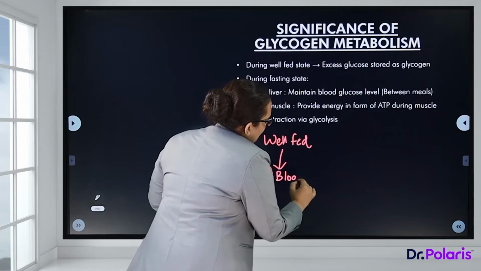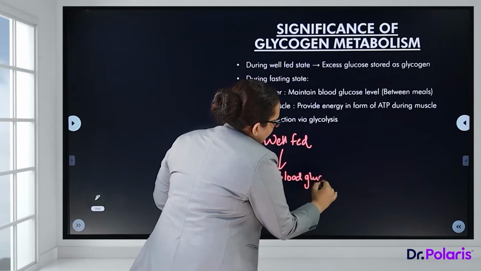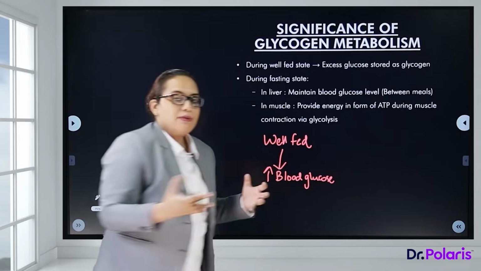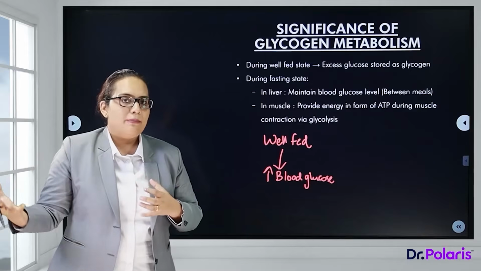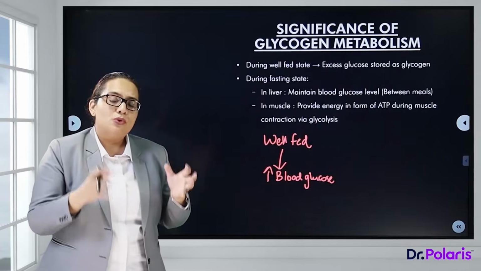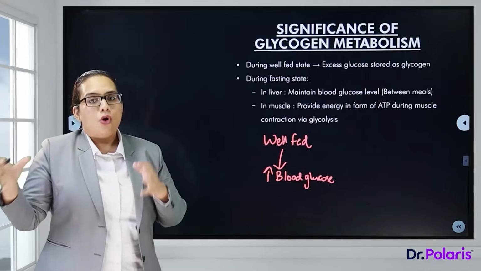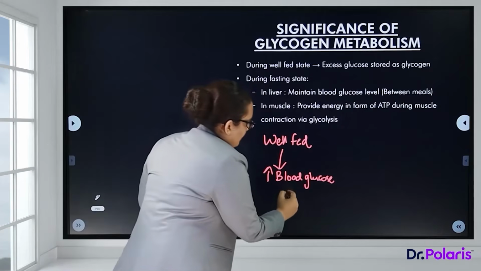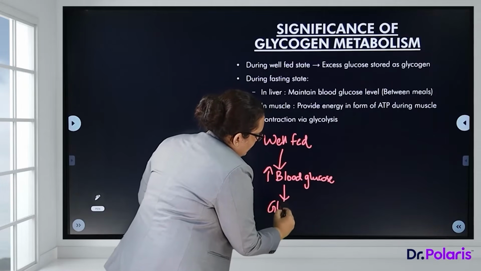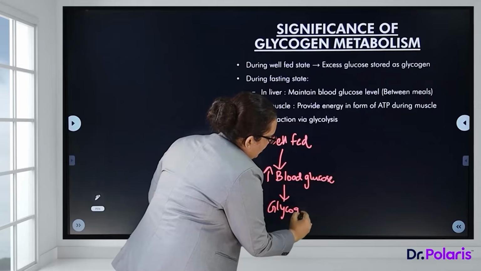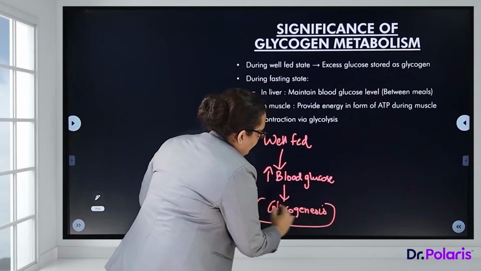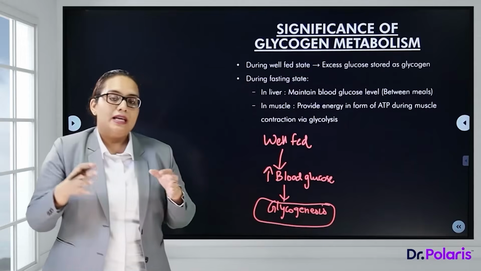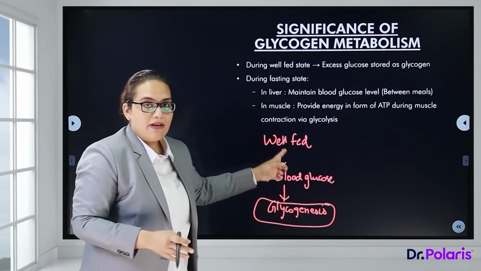What should happen to this glucose, the glucose that is present in blood? Yes, some amount of glucose will be taken up by the cells, and some amount of glucose will be stored within the liver or the muscle as glycogen. So you have a process, glycogenesis, that will take place in the well-fed state for the formation of glycogen in the liver or muscle. This occurs in the well-fed state.